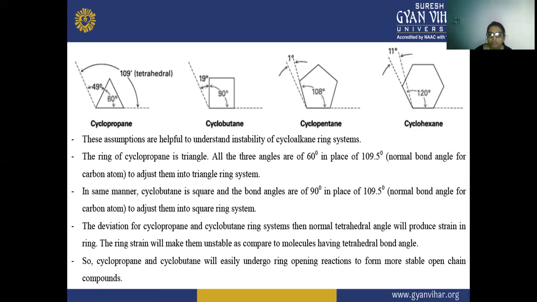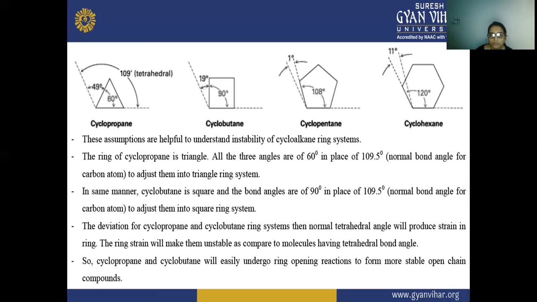So there is strain in both of these rings because there is a deviation in the bond angle, and that makes the ring system unstable compared to molecules having tetrahedral bond angle.